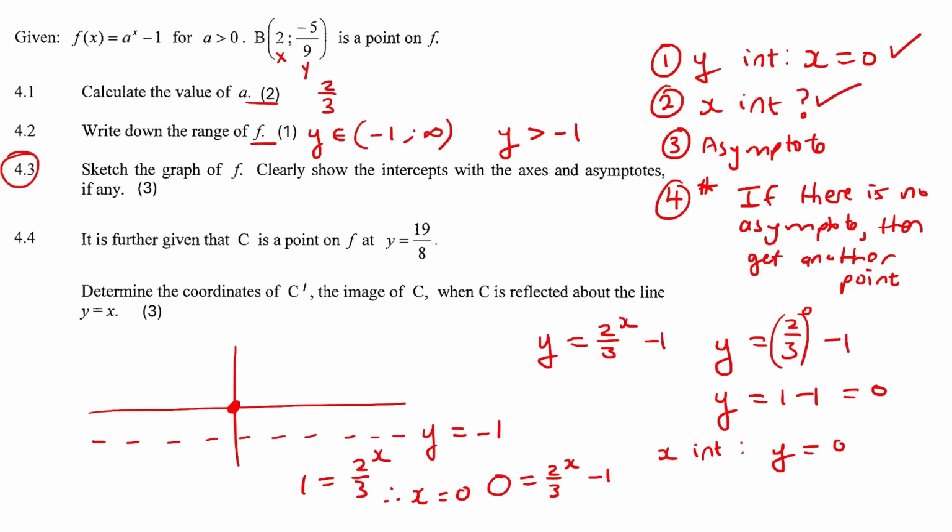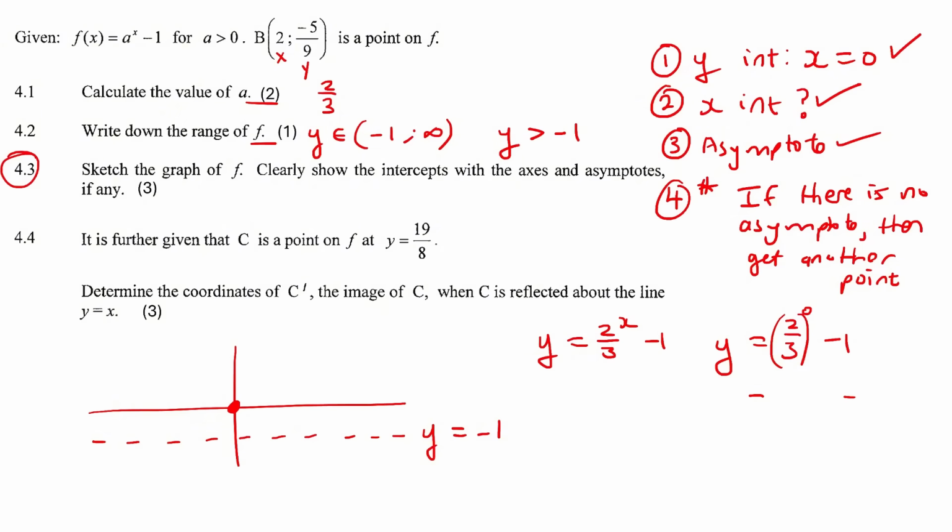So then what you can do, and we should go do the asymptote, which we have. If you forgot what the different a values and the shapes that they make in the exponential graph, if you forget that in the exam or the test, then you move on to step number 4, which is find another point. How do we do that? That's an easy one, actually. You can just let x equal 1, for example.